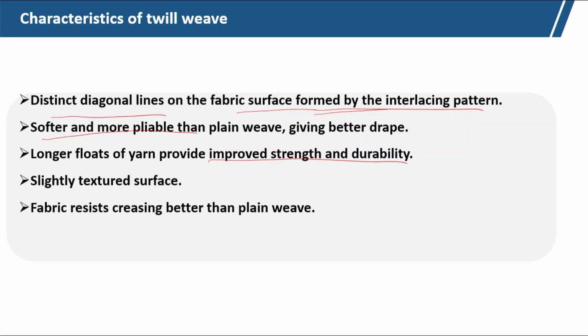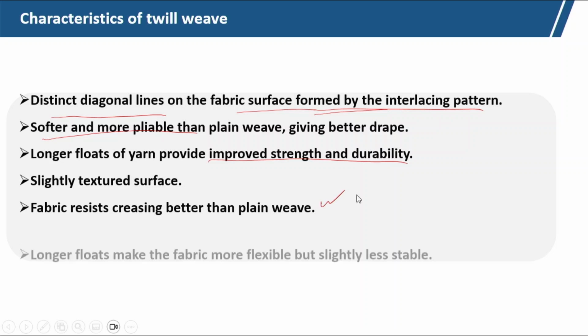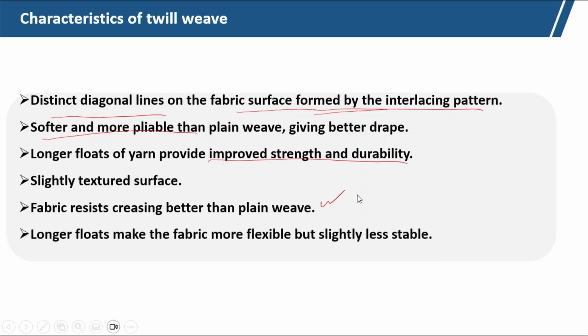The fabric resists crease better than the plain weave. Longer floats make the fabric more flexible, but slightly less stable. So, if we increase the float, the fabric stability will be compromised, but it will be flexible.